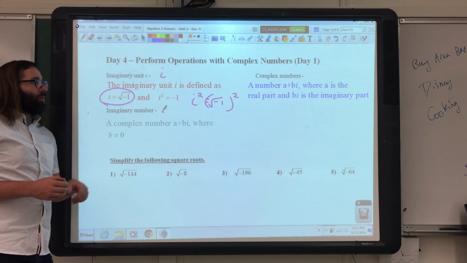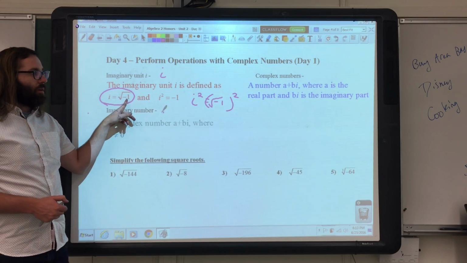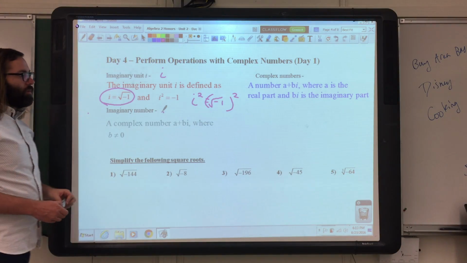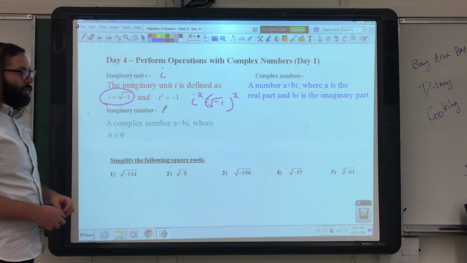We have complex numbers. The imaginary part is i, which is the square root of negative 1. And there might be a real part to it. So over here, a plus bi, a is a real number and b is a real number.